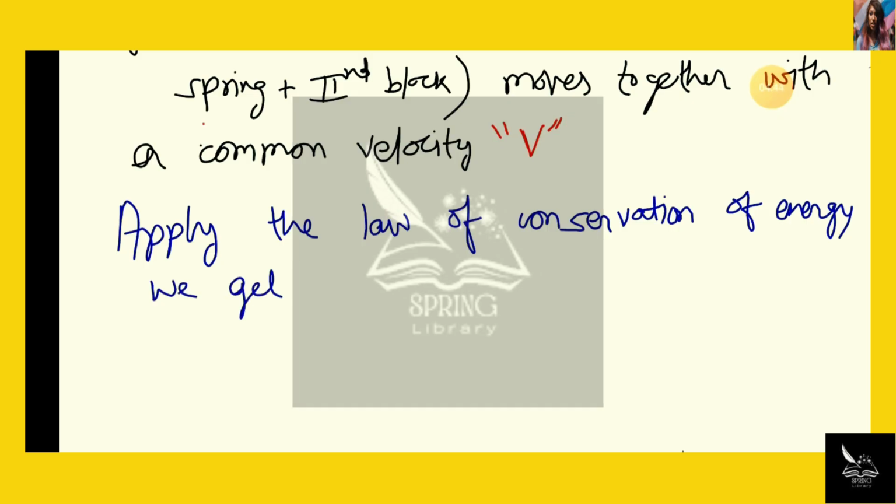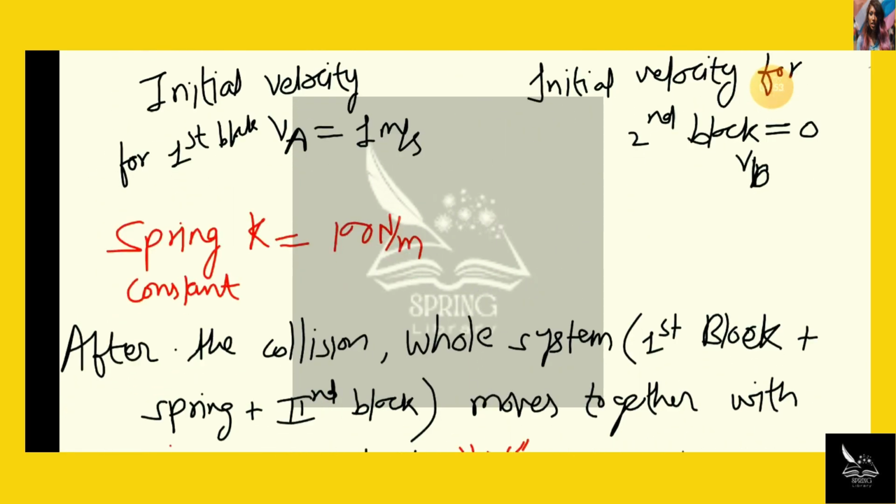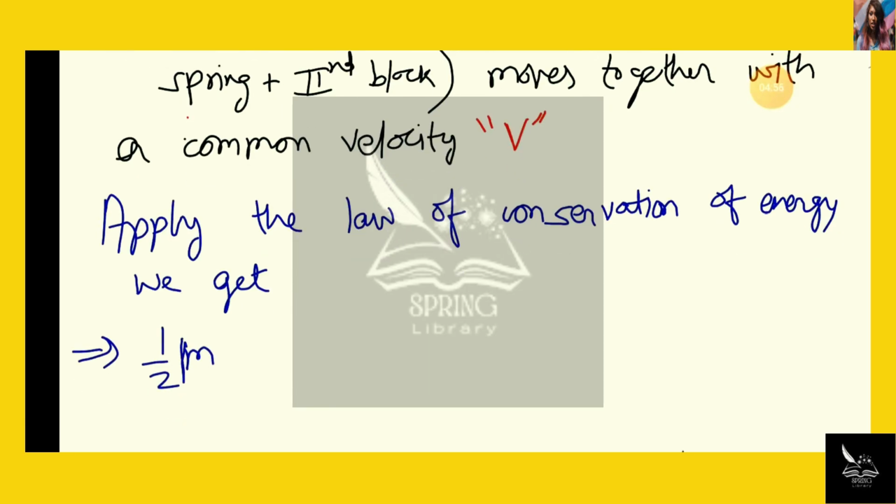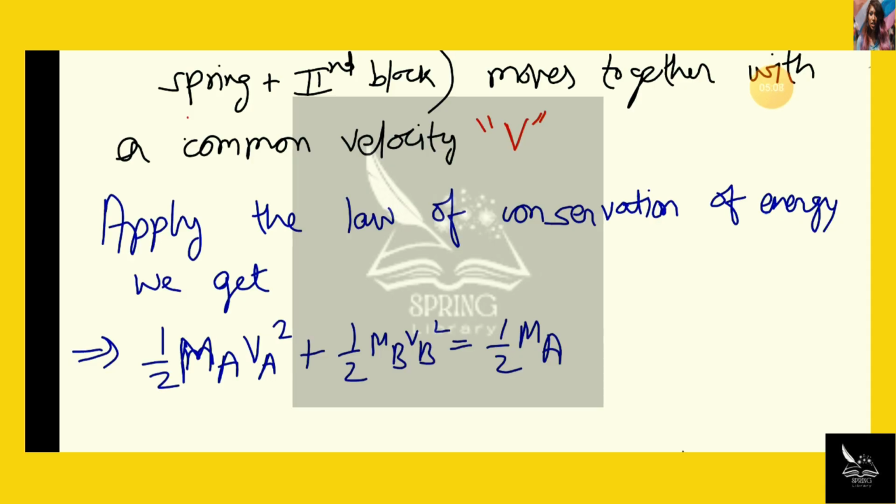The left side is the total kinetic energy before collision, half MA VA square plus half MB VB square, equal to half MA V square plus half MB V square plus spring energy, half k x square.